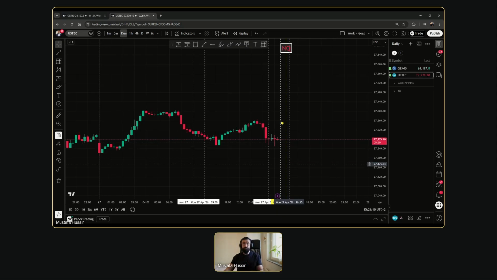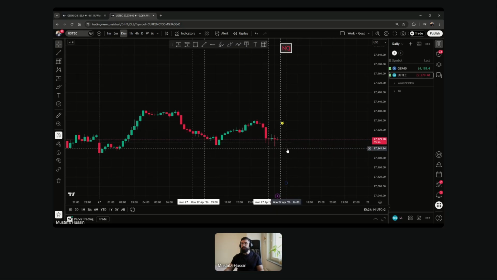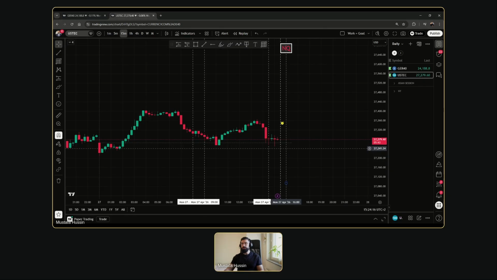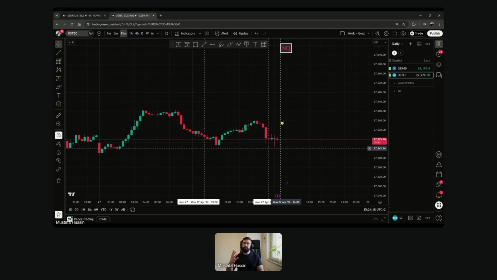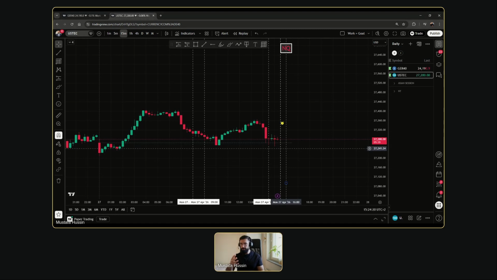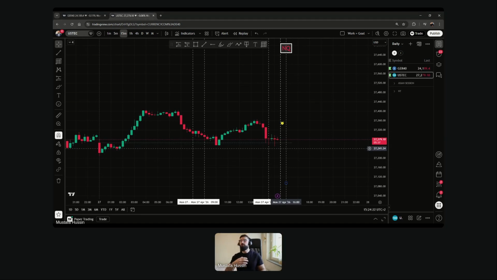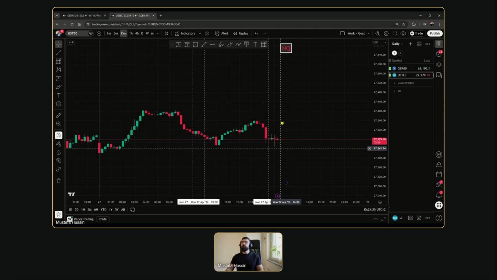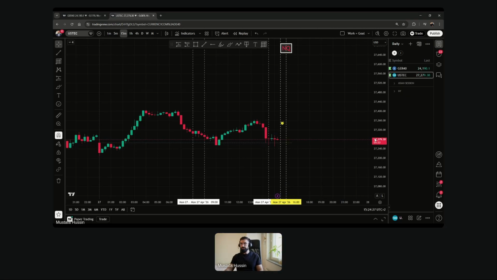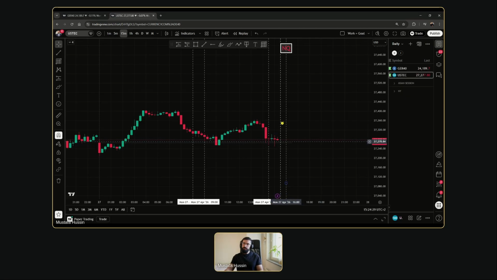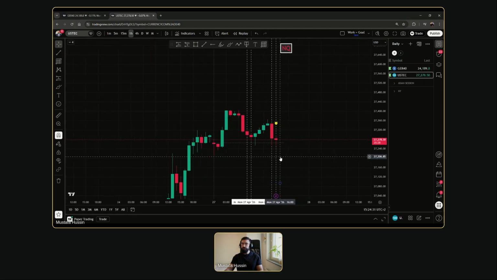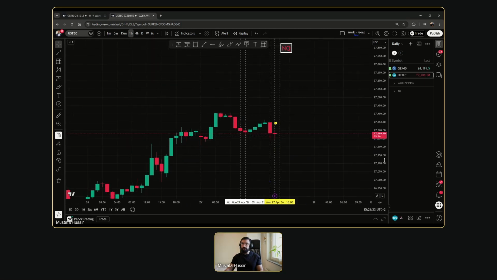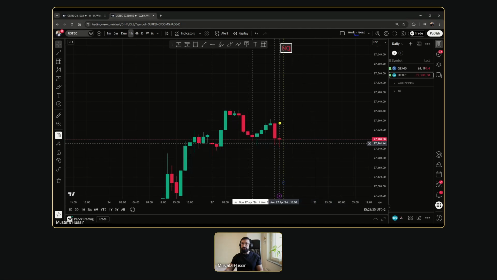So this is what I'm doing. I'm marking the 4 o'clock, which is 10 o'clock, I assume, for you who are based in the US. So the 4 o'clock or the 10 o'clock closes the 1 hour candle, and this indicates where the market is going. Also, it might create a breakout structure to the downside.